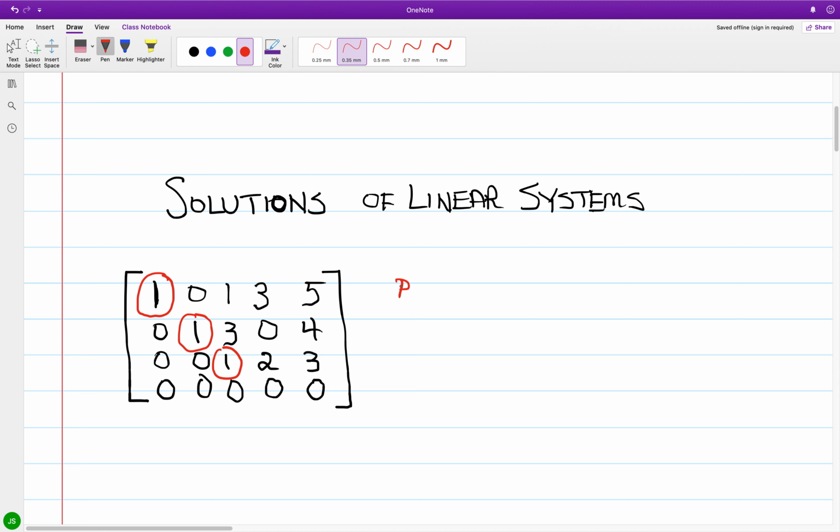What we have in red are where the ones are located. These will be the pivot positions, and the columns where each of these is situated are going to be the pivot columns.